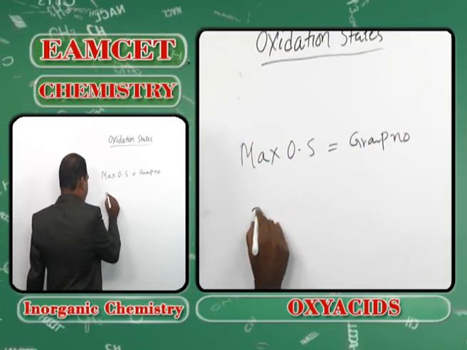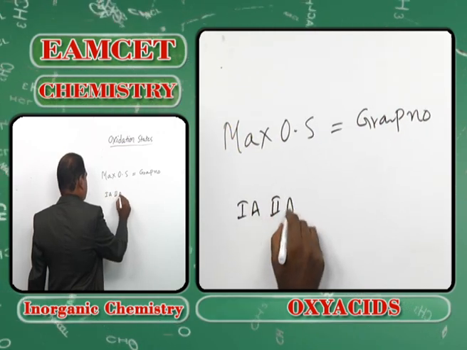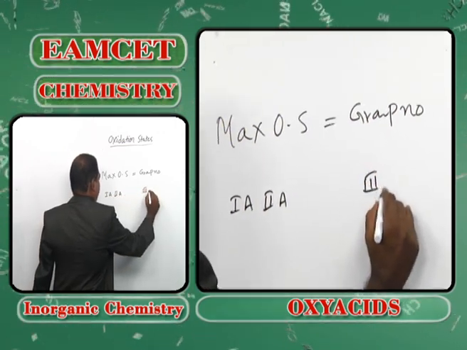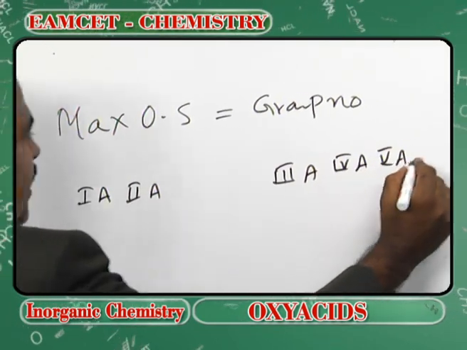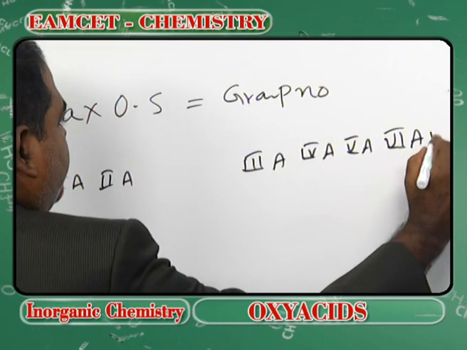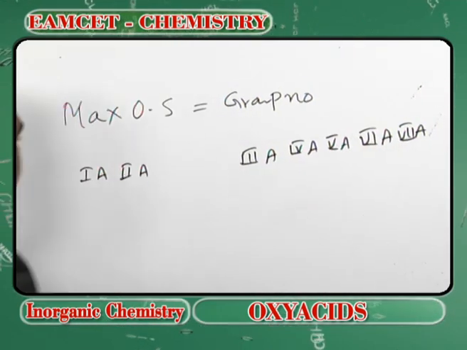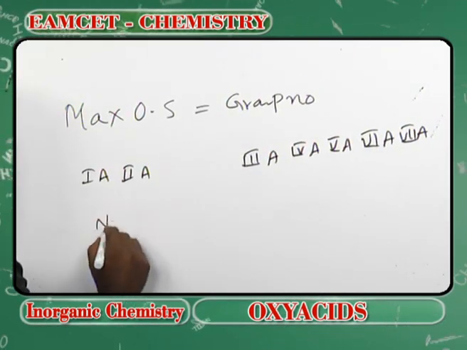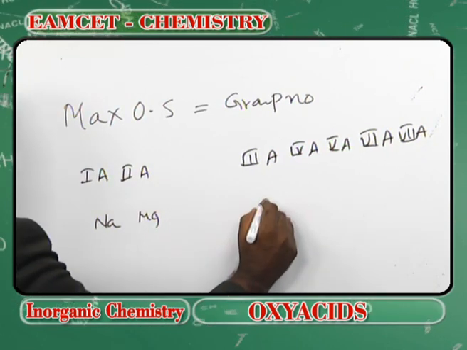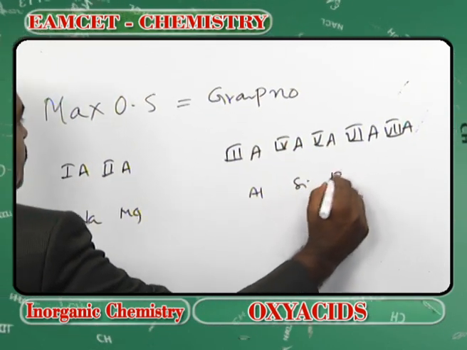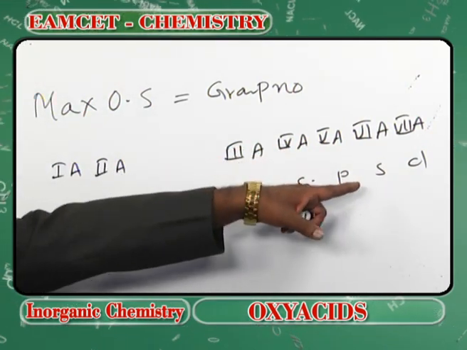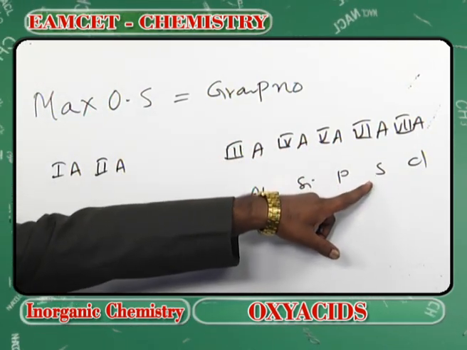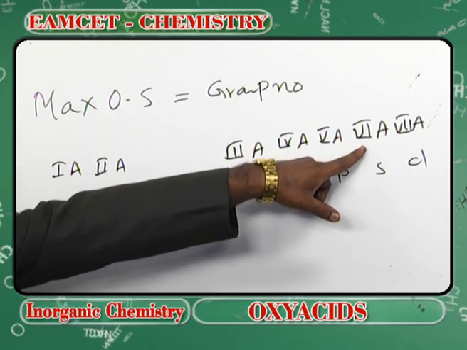Let me give you at least 1 or 2 elements of each group: 1A, 2A, 3A, 4A, 5A, 6A, 7A. It's very important that you know. You have sodium, magnesium, aluminum, silicon, phosphorus, sulfur, chlorine. When I ask you the maximum oxidation of sulfur, sulfur belongs to 6th group, plus 6.